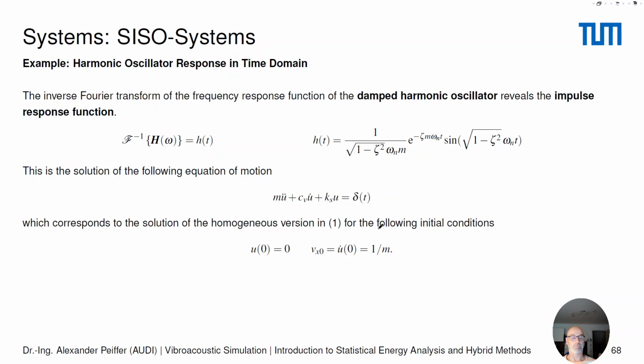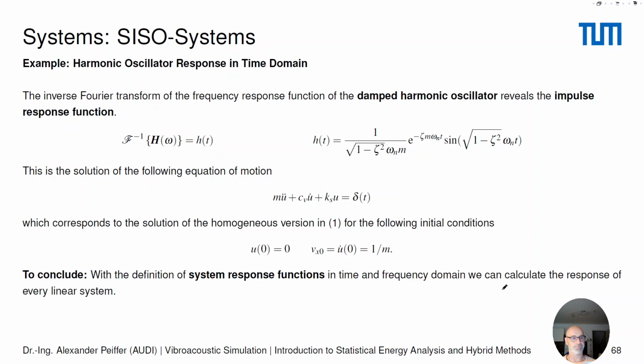So a good physical picture is that you imagine the oscillator is hit by a hammer, introducing a specific velocity in the beginning. This is again a good picture for the impulse response. A hammer will definitely provide an impulse into our mass. To conclude, with the definition of system response functions in time and frequency domain, we can calculate the response of every linear system.